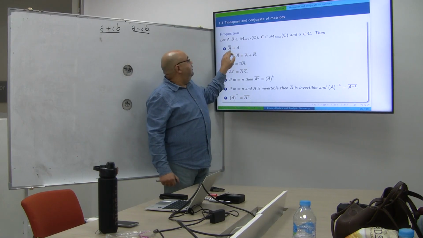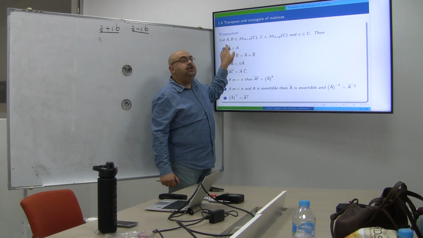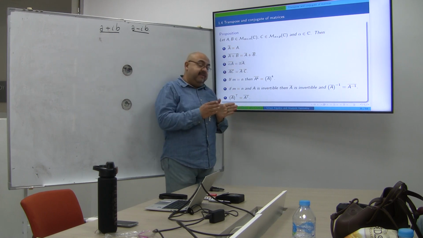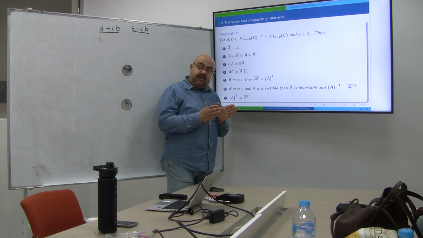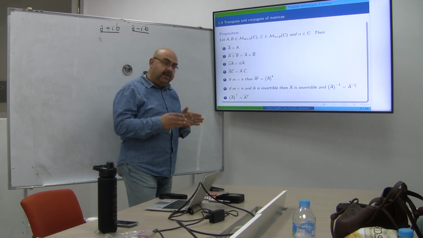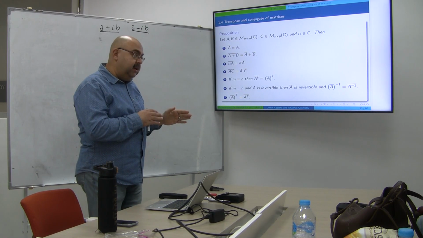Then if I have the conjugate of A conjugate, it will regain its main value. So if I have an A matrix and I get its conjugate, and then take the conjugate once more, it will regain its main form.